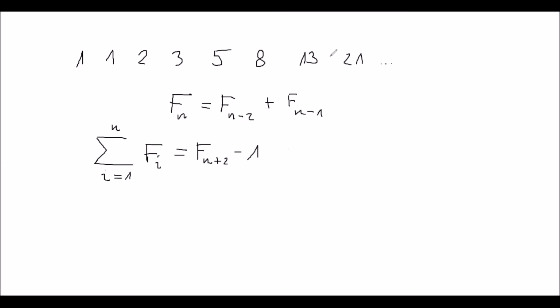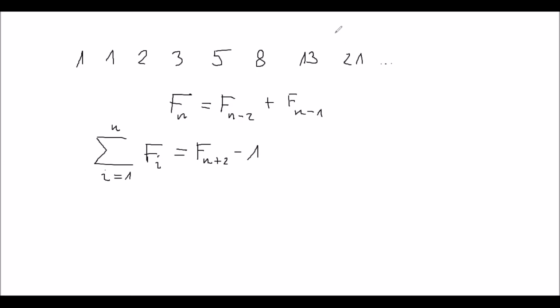Do you know what mathematical induction is? Well, not all of you. But never mind, it's very easy. To do a mathematical induction here, we simply prove it for n equals 1.